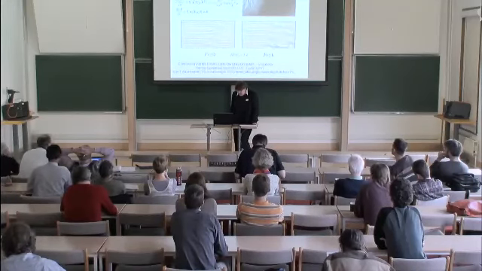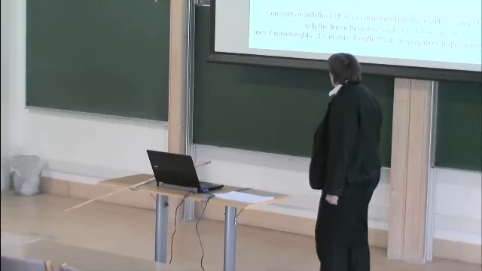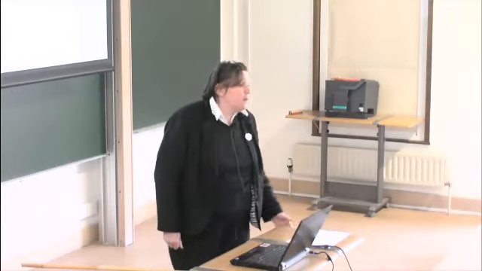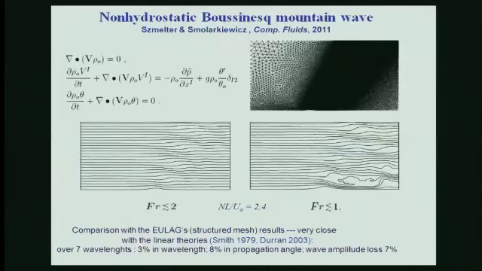And the nice thing about this presentation is that we here have a very accurate comparison in the linear regime with the linear theories from Smith and Durran. You can see here on your left panel the linear regime, and on the right panel the nonlinear regime with the wave breaking.